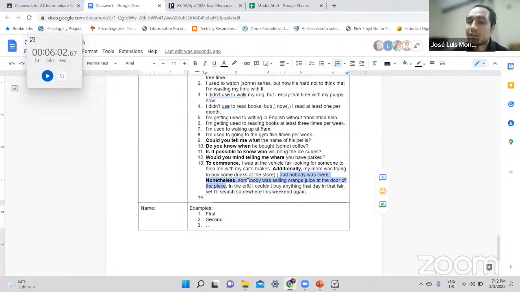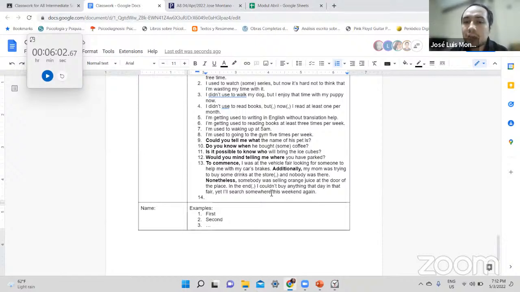So it feels like contrast because it's a different information that is the opposite of what you said before. Right? So it works in that case.